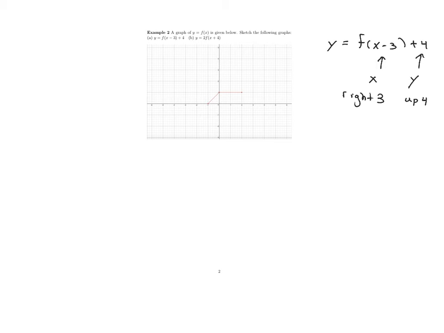And in terms of order of operation, this is the order in which it would move. You would work inside the parentheses first, and then outside the parentheses last. So this is what I'll do. I'll go to my original graph and move each point 3 places right, and then up 4 places.